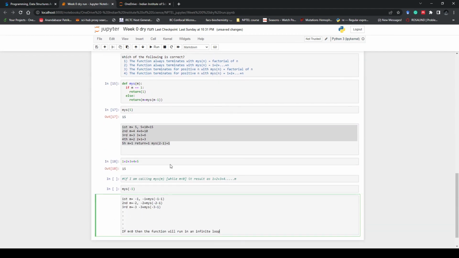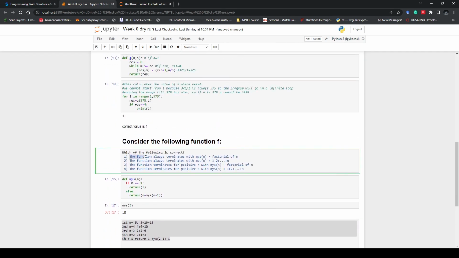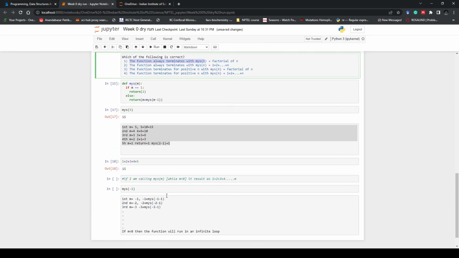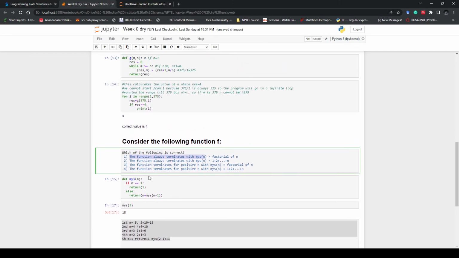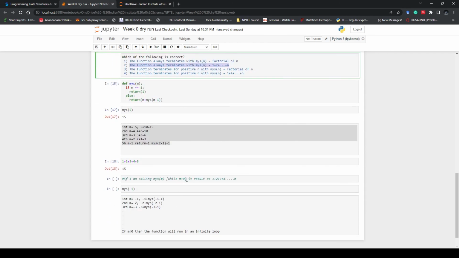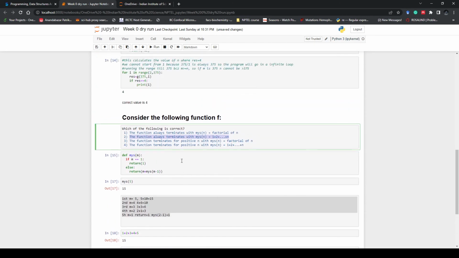Okay, let's see what different answers we have. The function always terminates with mys of n, factorial of n. That is wrong, because the function doesn't always terminate: if m is less than 0, it undergoes an infinite loop.